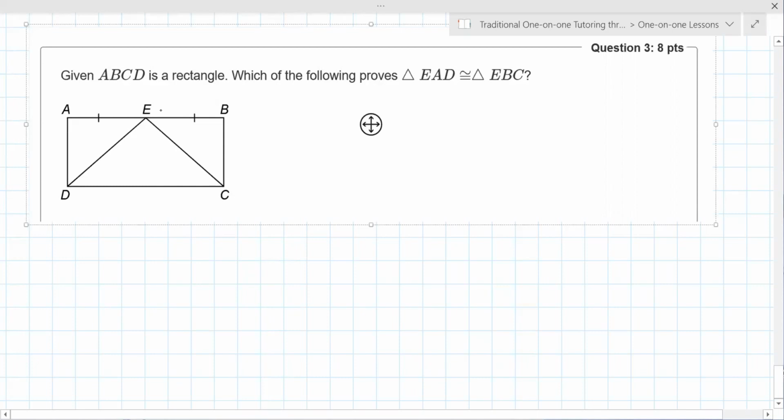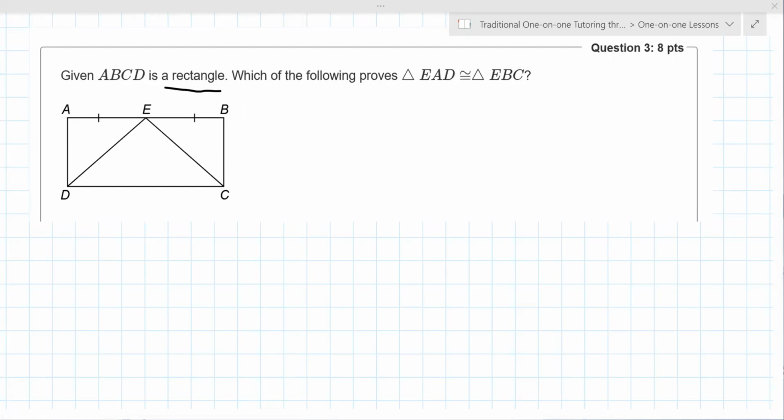Okay, so now what do you know about a rectangle? Can you tell me anything you remember about a rectangle? All the sides are congruent. No, that's a square. They have 90-degree angles. So that's a 90-degree angle, and that's a 90-degree angle. What do you know about the opposite sides? They're parallel. Yes, that's true.